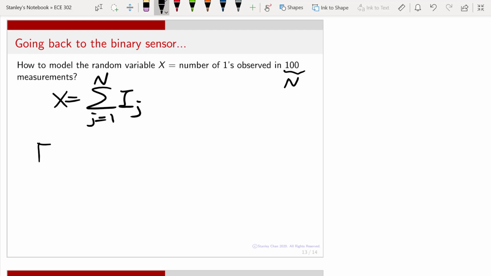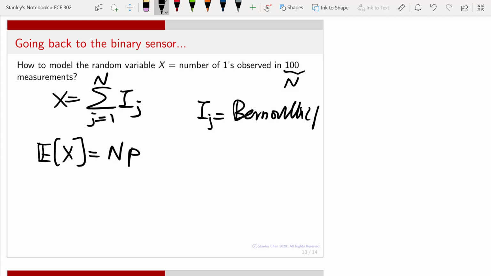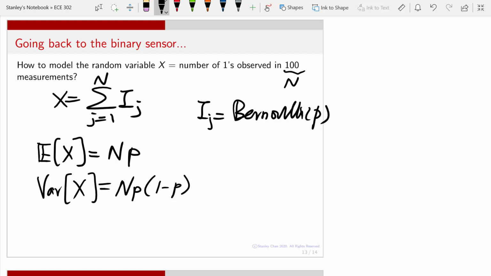And so we also know that the expectation of X will become n times the probability p. Furthermore, we know that the variance of X is n times p times 1 minus p.